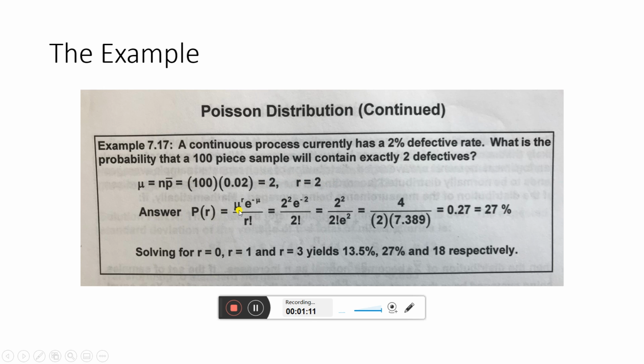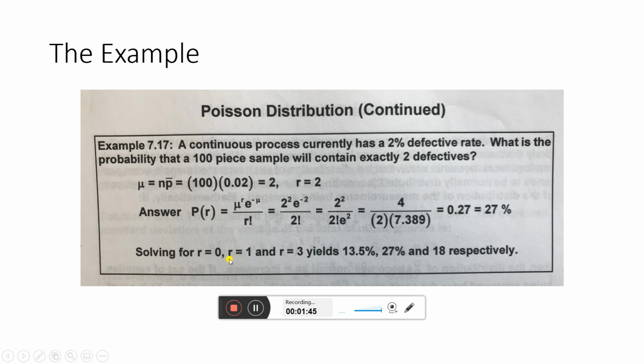So if I plug that into the equation, again, our average is 2, r is 2, e is e, and our average is negative 2. R factorial will be 2 times 1, or 2, right? Right there it is, times e squared. They're simplified here a bit. That's what that is. So what happens is you do all the numbers, you come up with 0.27 or 27%.